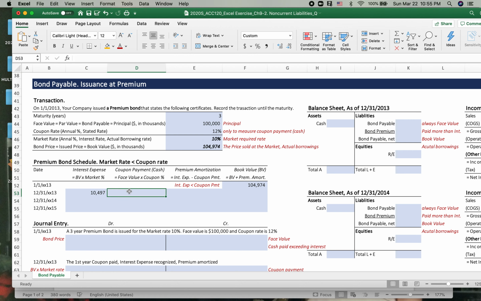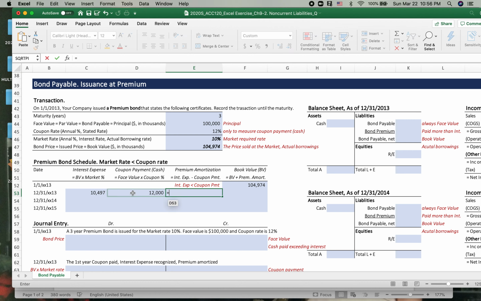Then what is the cash amount, regardless of the market rate? 12% of the face value. So 100,000 times 12% is $12,000, the coupon payment the company pays in cash every year end.